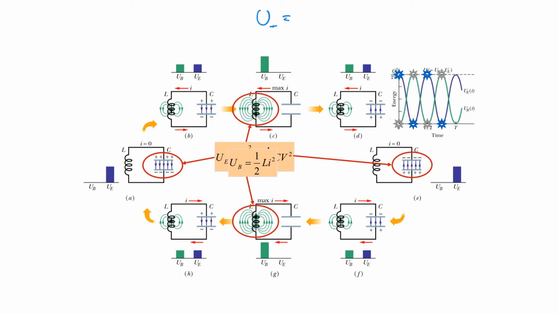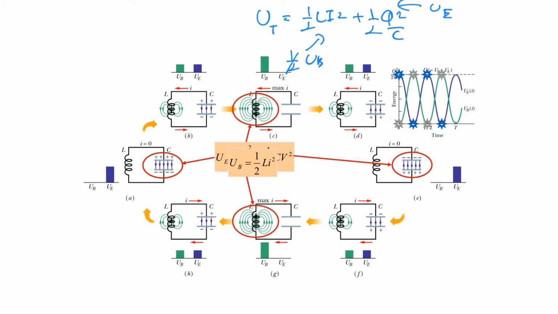So U total here is 1 over 2 L I square plus 1 over 2 Q square over C. So this is the energy stored inside the electric field of the capacitor, and this one is the energy stored inside the magnetic field of the inductor.